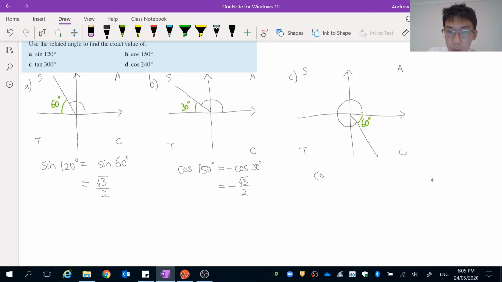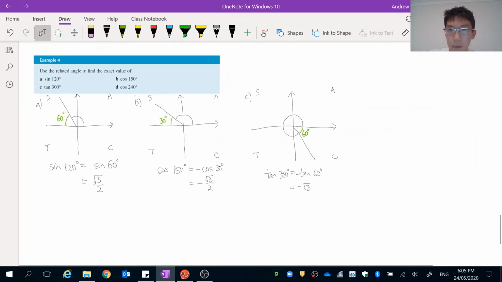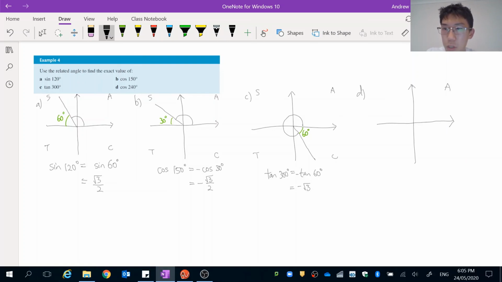So tan 300 is going to have the same value as tan 60, but it's just going to be negative. And tan 60 is root 3, so it's just going to be negative root 3. This doesn't get too hard once you start really repeating it over and over again and you just know the process.